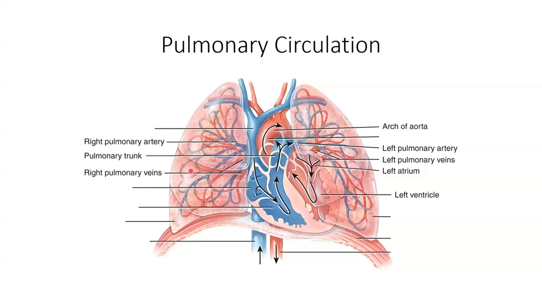It will return to the heart, the reds indicating the oxygen content of the blood, through our right pulmonary veins and our left pulmonary veins. Those veins both enter into our left atrium, moves down into our left ventricle. This goes up and out the aorta and then back to the rest of the body to spread around that oxygenated blood.